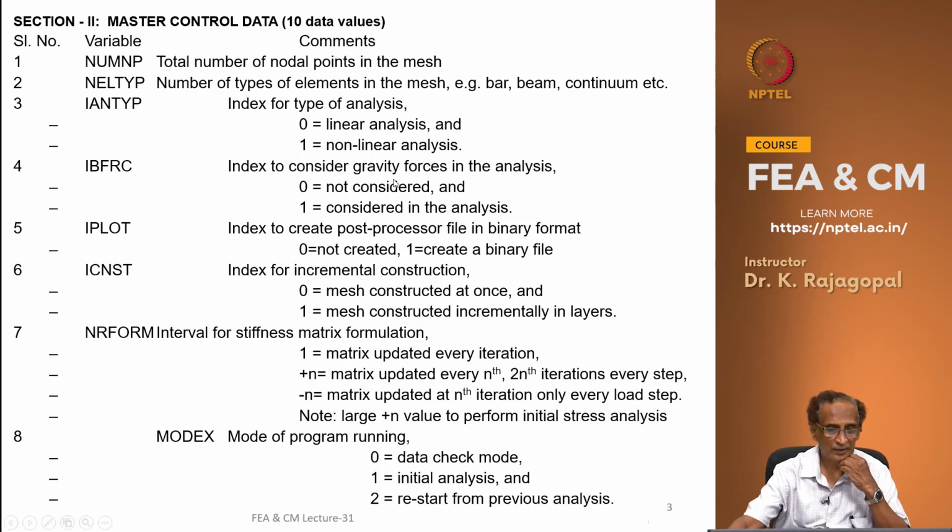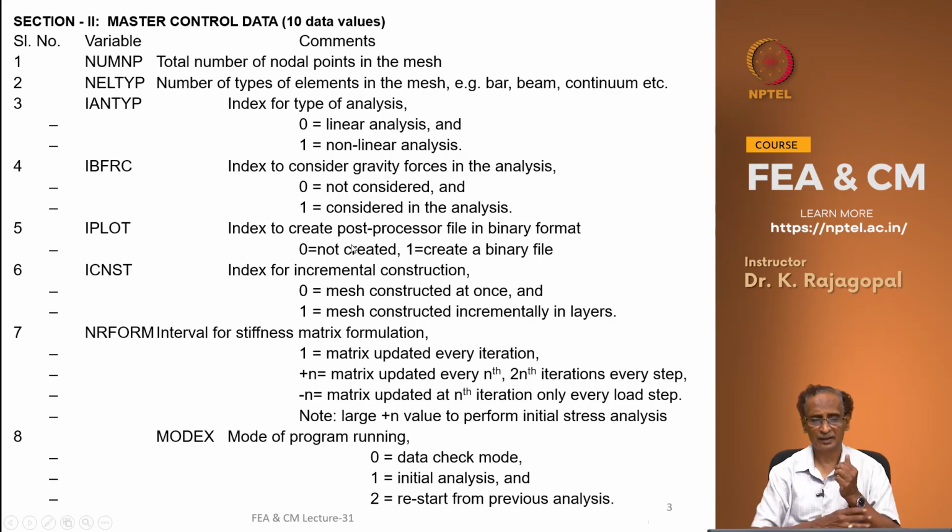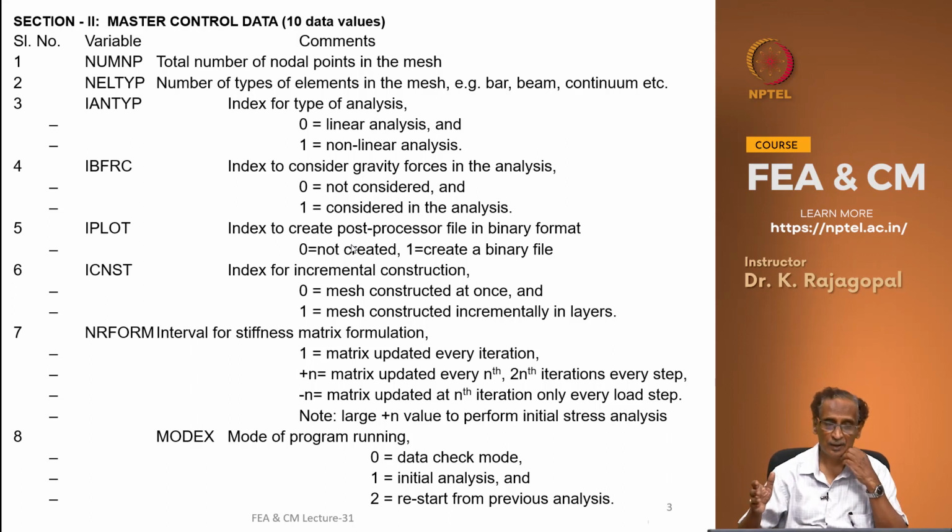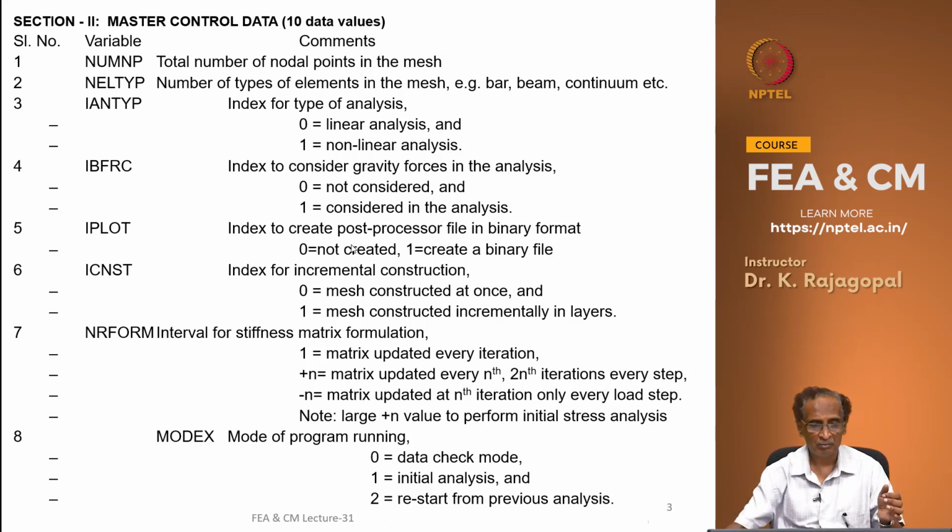And then IBFRC is for considering the gravity forces. If it is 0, you do not consider any gravity forces, and if it is 1, then it considers the gravity forces. And iplot is to create a post processor file in the binary format. 0 means it will not create the file, and 1 means it will create a file, and you need to give a name for this file.